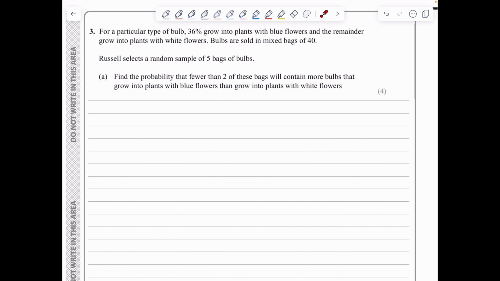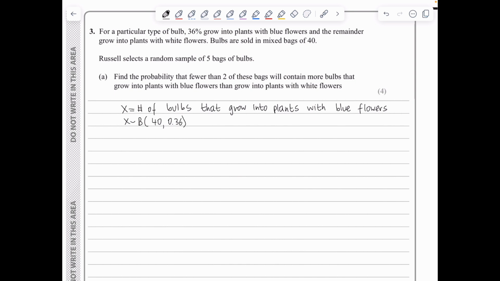I will start by focusing on the number of bulbs within a bag that grow into plants with blue flowers. So let me define my first random variable X to be essentially the number of blue flowers. We know that each bulb will either grow into blue or a white flower, so X follows a binomial distribution. The parameter n is 40 because I've got 40 bulbs, and the probability of success is 0.36.